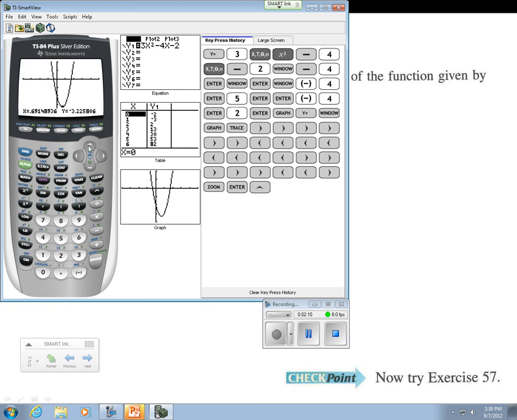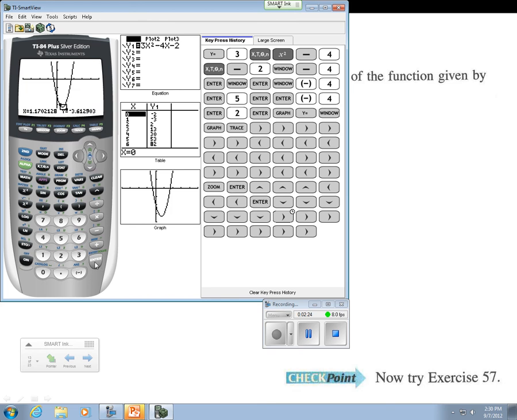and we're going to want to start just to the above left of our minimum, hit enter, we'll go down, create a box around it, hit enter, and it'll redraw it for us.